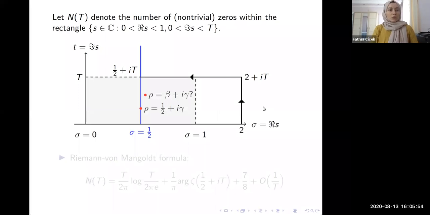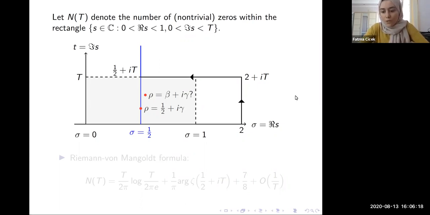So we want to try quantifying the count of zeros. We let N(T) denote the number of non-trivial zeros within this gray region here. The zeros will have a height up to T. We can just focus on the zeros that lie in the upper half plane, using the symmetries of the zeta function.